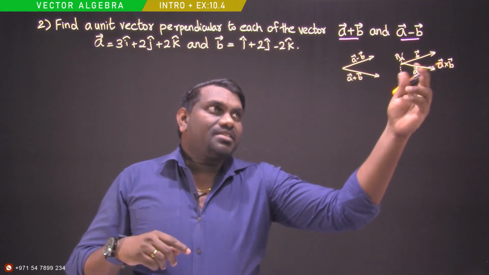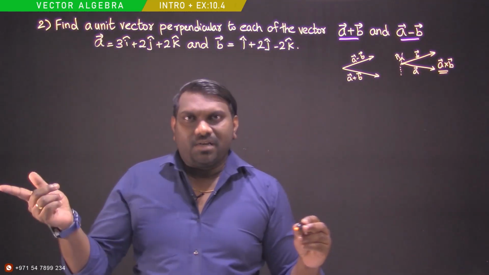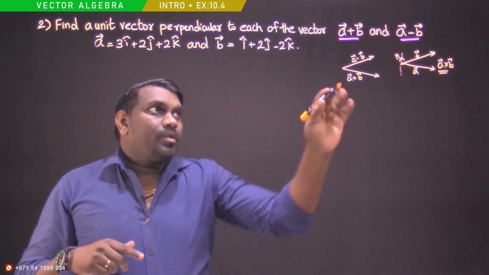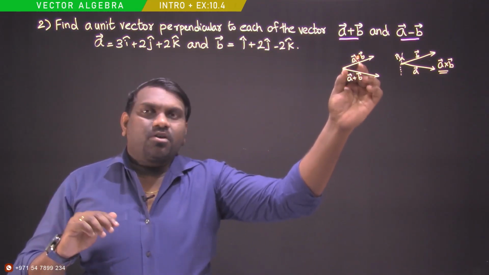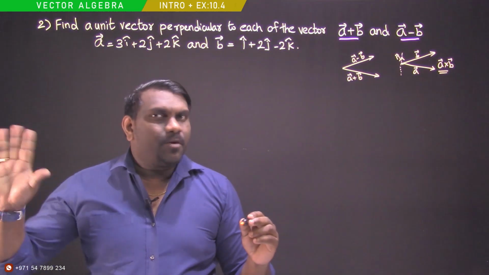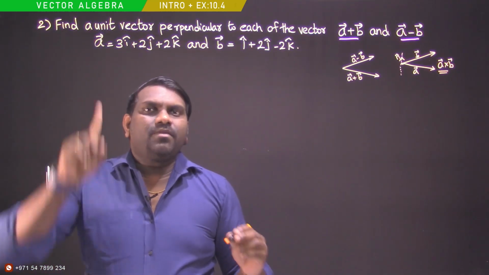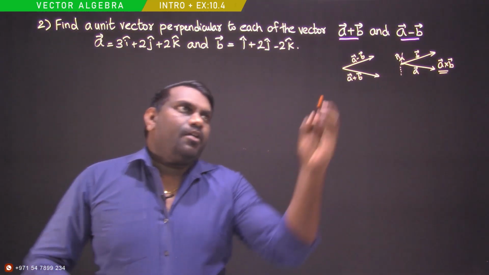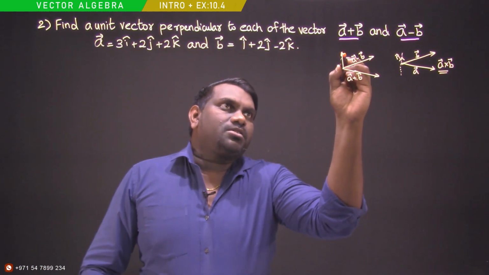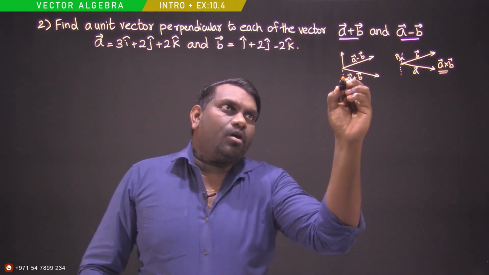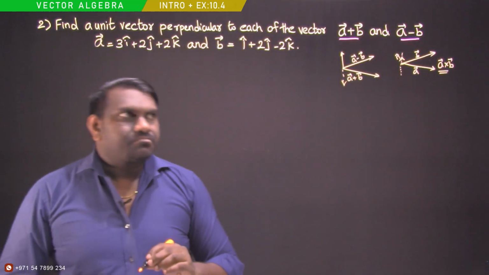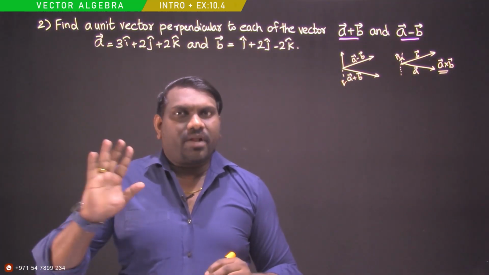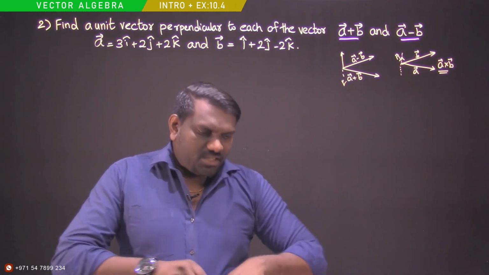In the formula, that is n cap. Here what you get is a vector perpendicular to these, maybe going up or coming down. We will figure out later how to write those things. That's pretty easy, don't worry about it.